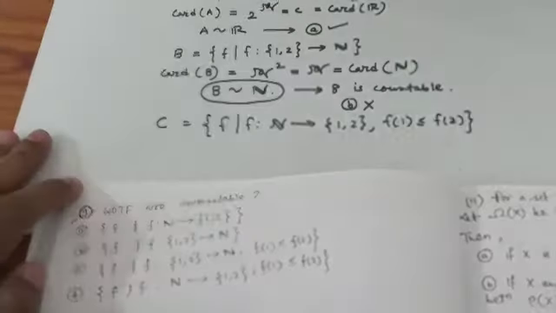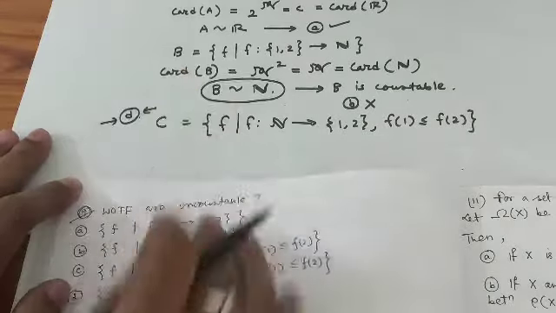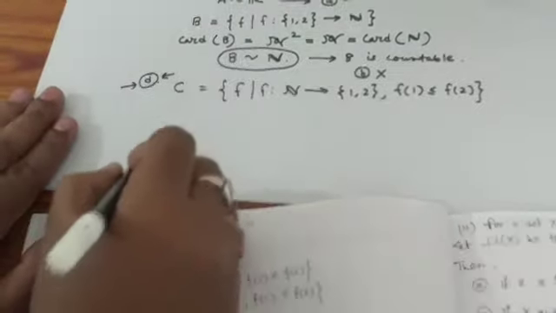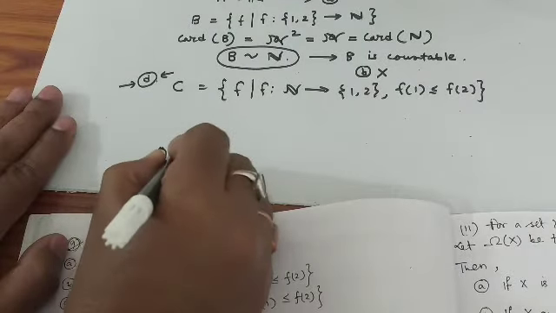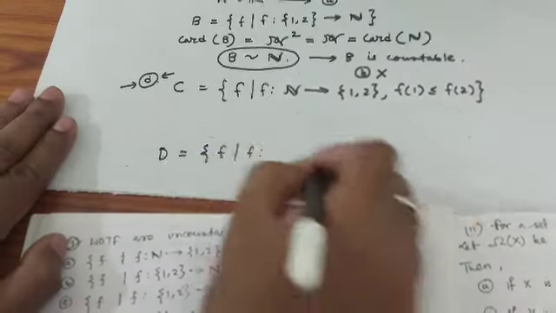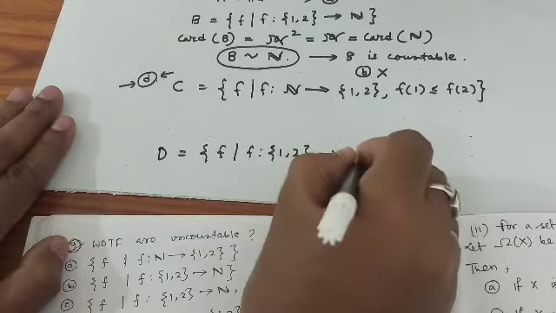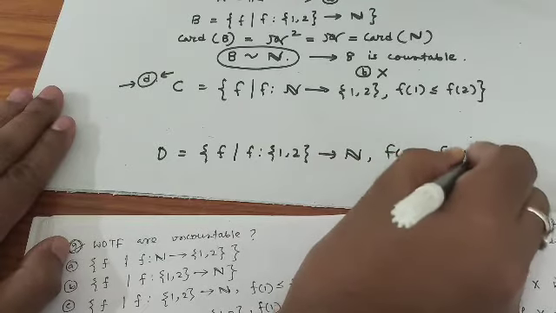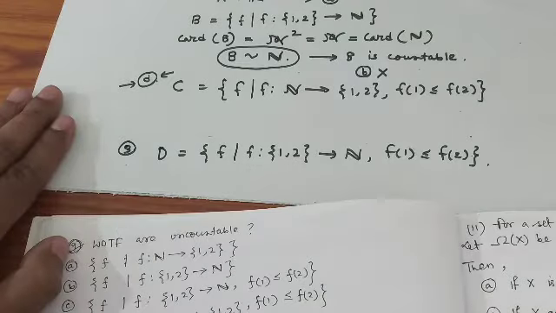Here I have considered it as the fourth option, no? So just take a pause and we will discuss it. Consider the third option, which I'm just treating as D, F is a mapping from {1, 2} to N with F(1) less than or equal to F(2). This is given in option number 3 or C, correct?